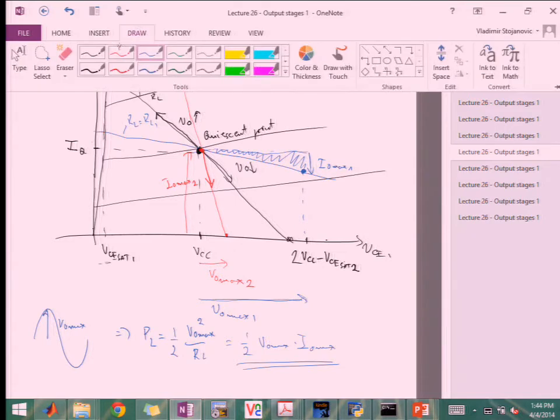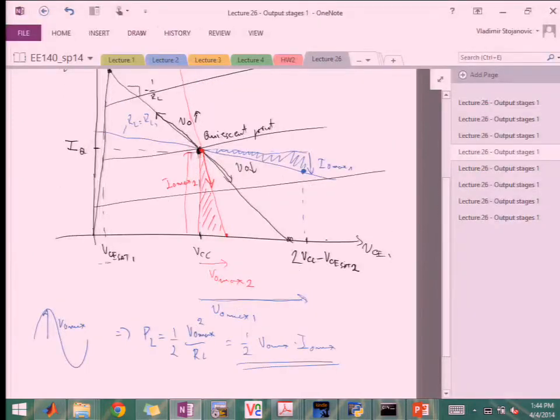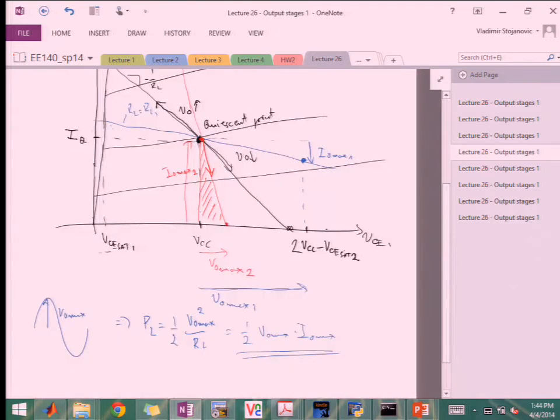Similarly, in the red RL2 case, this area would be my average power delivered to the load. Now for blue, let me just draw it a little bit differently because I'm gonna redo it. I'm gonna draw it here. It doesn't really matter because these two triangles are similar.